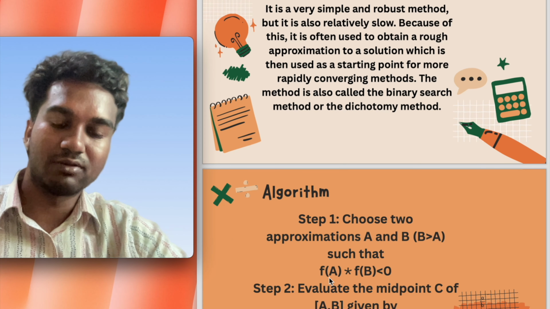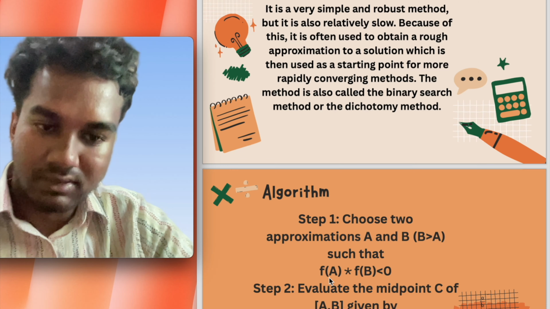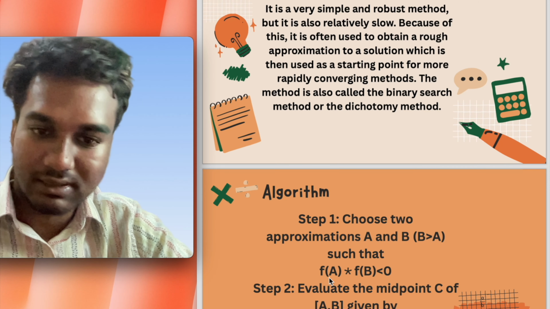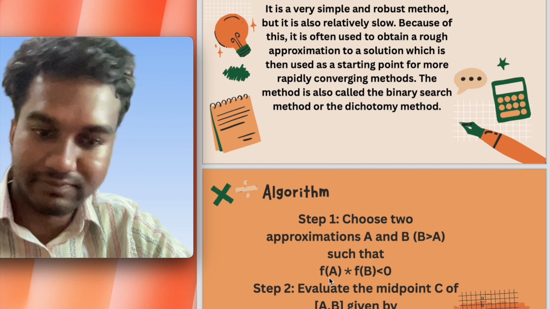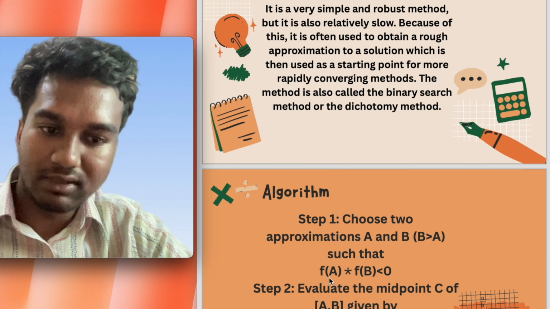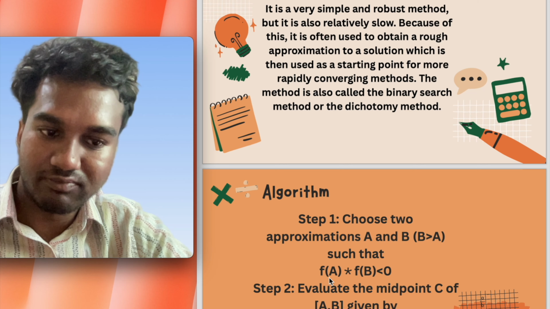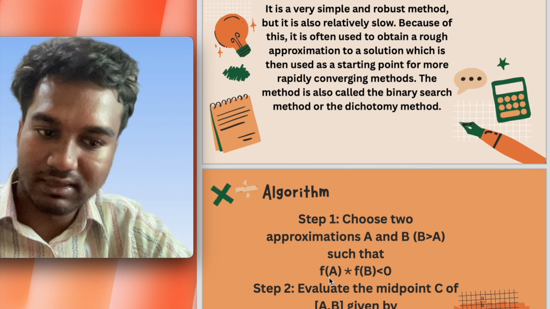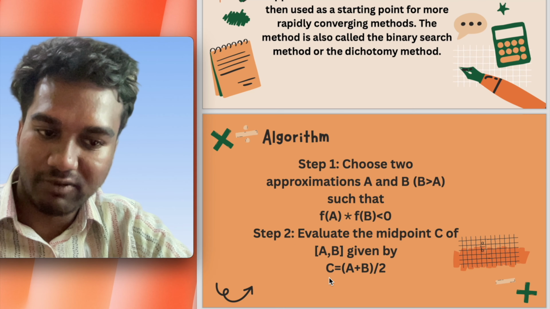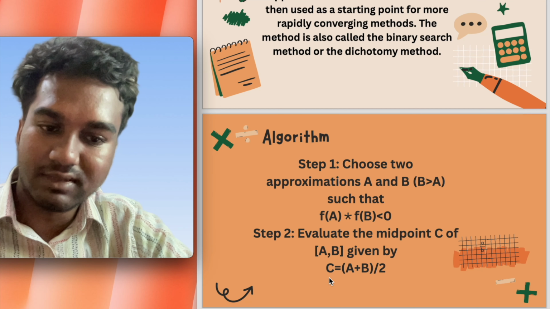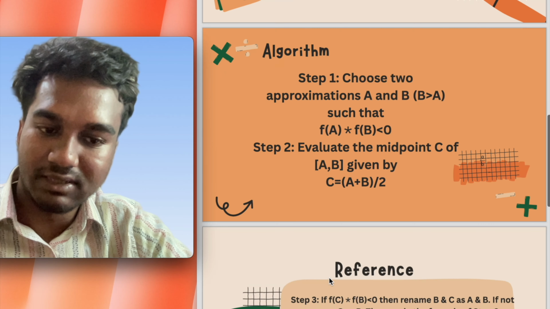The bisection method algorithm has a few steps, and now I will explain the algorithm steps. Step one: first of all, choose two approximate values a and b, where b is greater than a, such that f of a multiplied by f of b is less than 0. Step two: find the middle point c of a and b, c equals a plus b divided by 2.